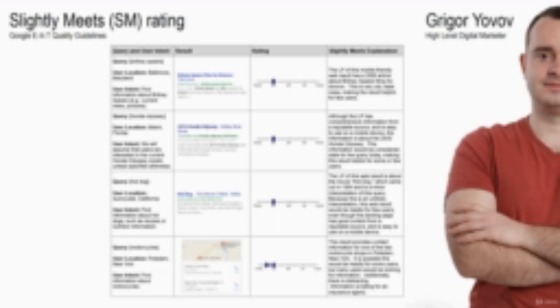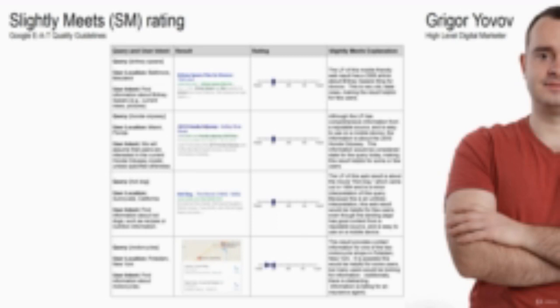Slightly meets results may serve a minor interpretation, be low quality, have stale or outdated information, have some minor inaccuracies, or be too specific, too broad, or too niche for the general user population considering the query, etc., to receive a higher rating. And here I have prepared a few examples of slightly meets ratings.